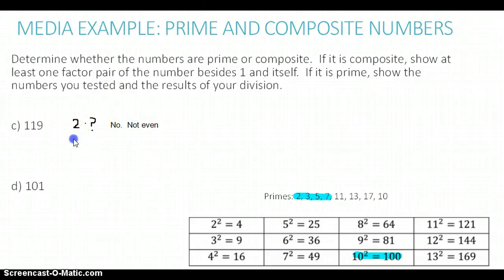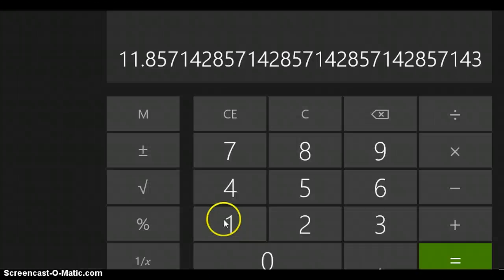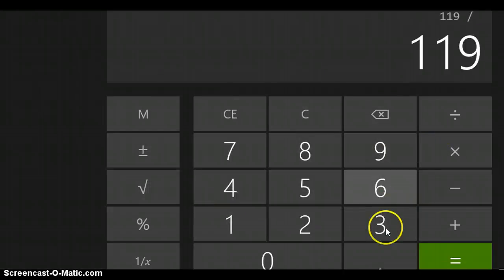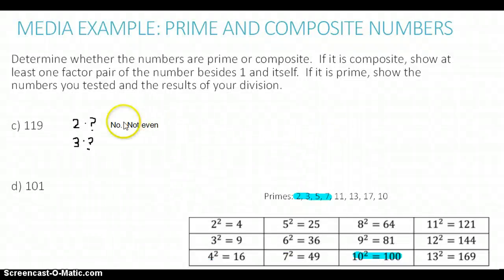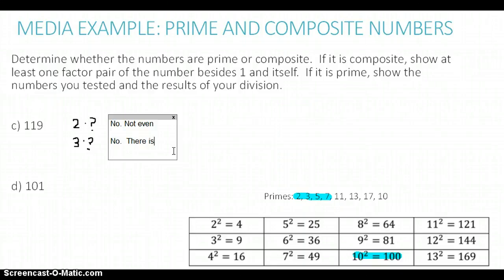Now let's see, is it divisible by 3? Well, let's check on the calculator. 119 divided by 3. Notice there's a decimal, which tells us there would be a remainder. So for 3, no. There is a remainder.